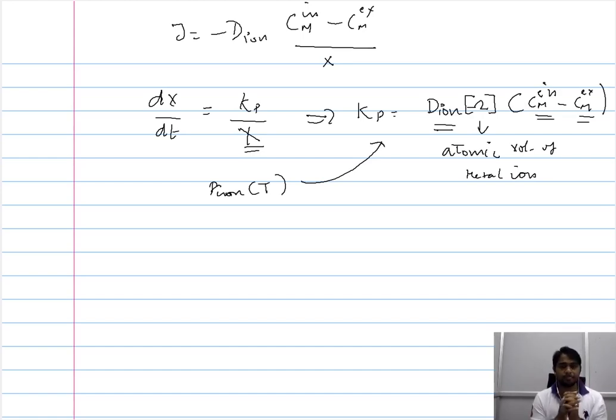parabolic oxidation. Now what we have seen is linear oxidation rate and parabolic oxidation rate. Now experimentally it has been observed that there could also be a cubic oxidation rate. So the third one is the cubic oxidation rate.